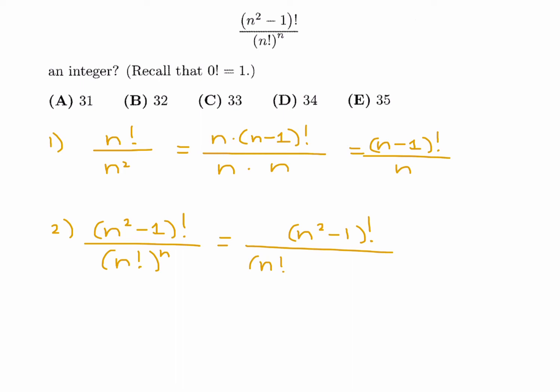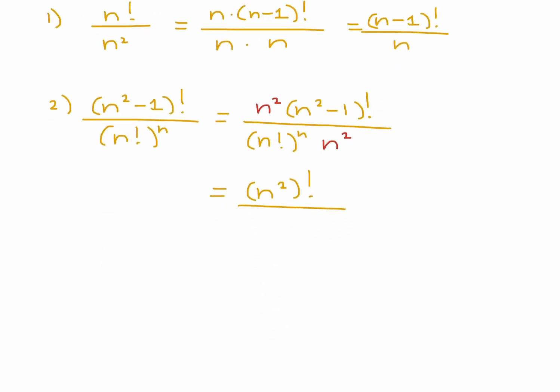I'm going to keep what we have, of course, but then I'm going to introduce an n squared on the top and the bottom like that. When I do that, you'll notice that the top now becomes n squared factorial, very similar to what I did up top. And then the bottom now, we have this n factorial to the power of n times n squared.